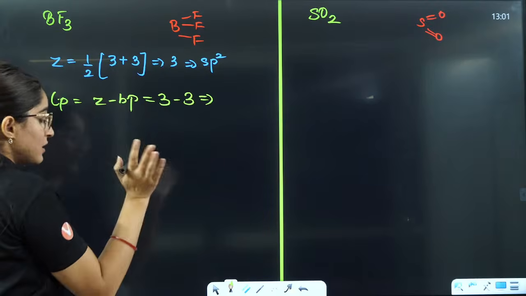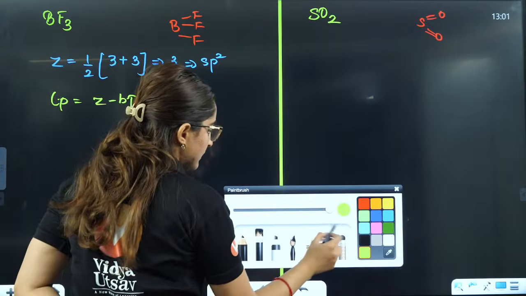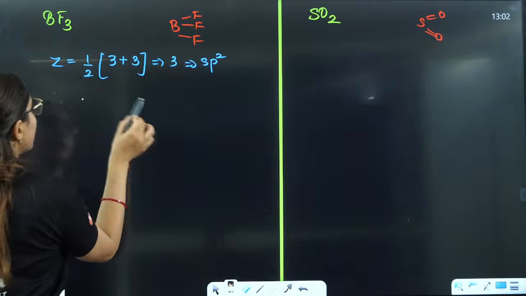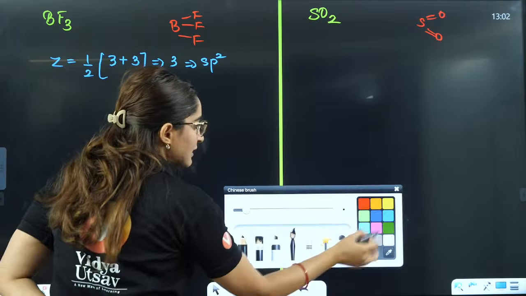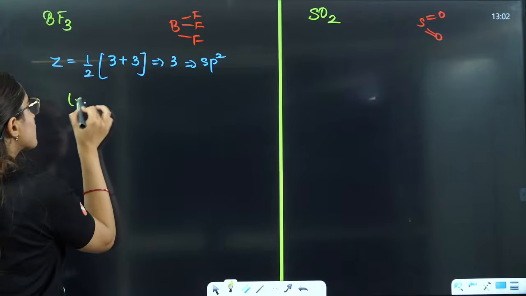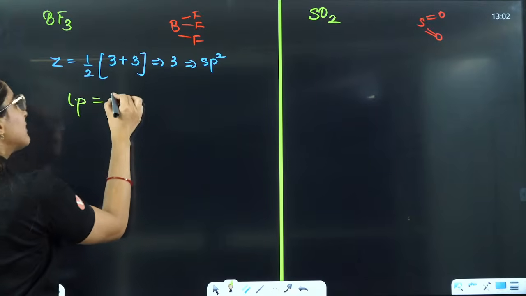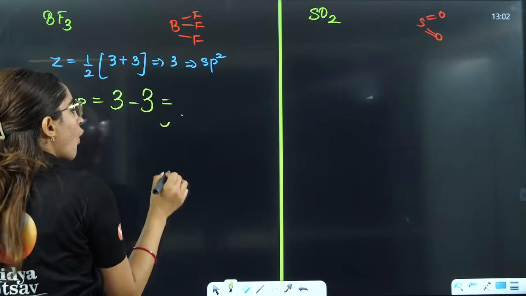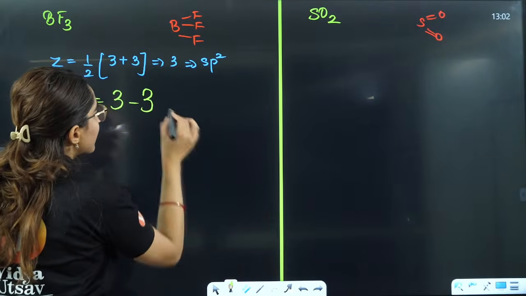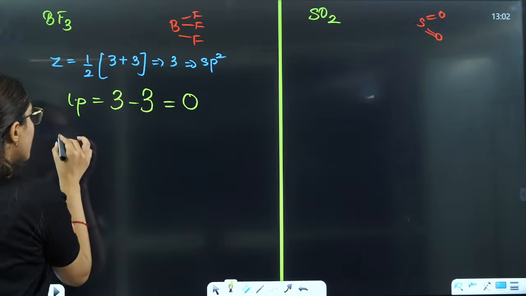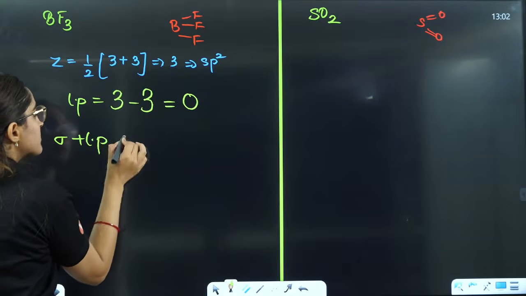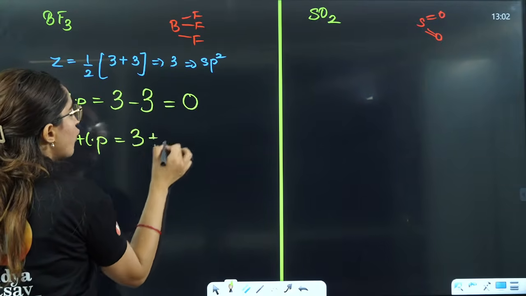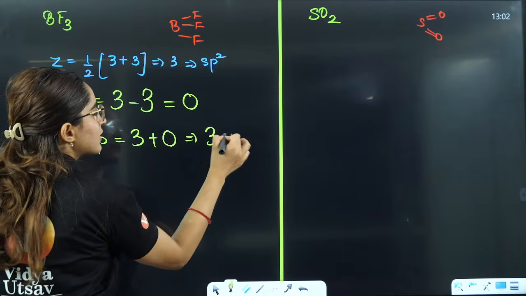Now see one thing, that overall the lone pair here is going to be, in this you had 3 valence electrons and all the 3 valence electrons are occupied here. That means I can say 0 lone pair. So sigma plus lone pair, sigma is 3 and lone pair is 0, so overall it is 3.